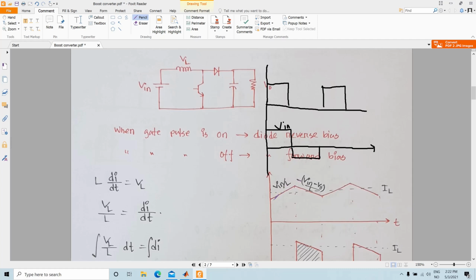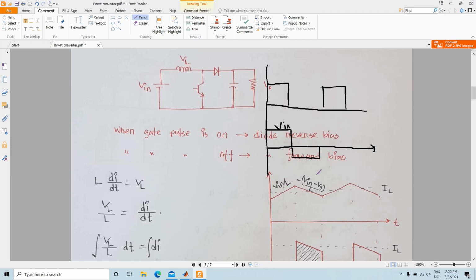So the current will be like a slope, and the slope of this IL, or the current value, is Vin divided by L. It comes from this equation, L di/dt equals VL. So if we do the integration, then you can see that it will be VL divided by L. VL in this particular case is Vin. So the slope of the current is Vin divided by L.